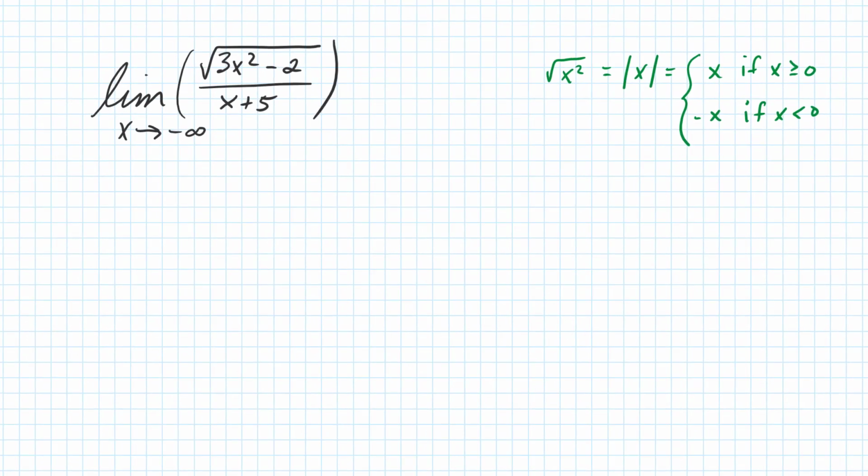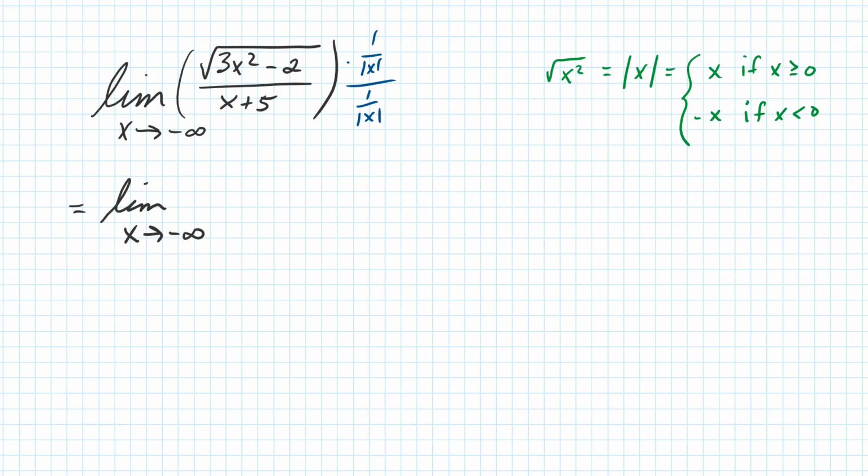Okay, so we're going to need this because the technique here is to multiply numerator and denominator by the same thing, 1 over the absolute value of x. Multiplying top and bottom by the same thing, you're not really changing the problem. But what we're going to do is choose wisely, knowing here that x is tending to negative infinity.